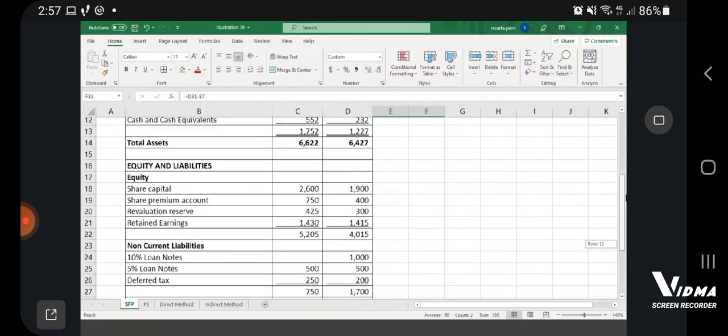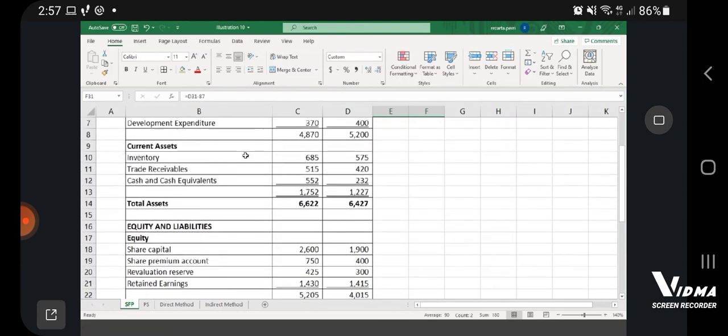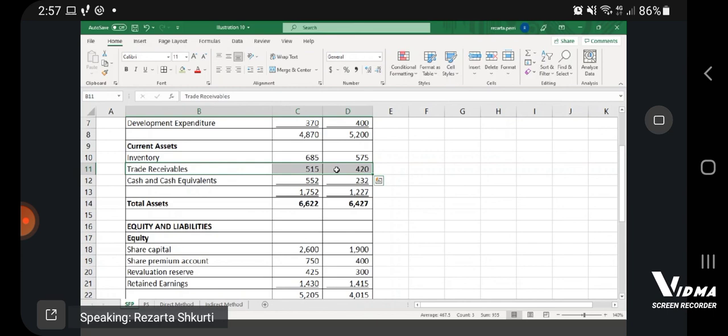Let's begin with the current assets. We have 3 items over here: inventory, trade receivables, cash and cash equivalents. Inventory, we took that into account when we converted cost of sales into payments to suppliers. Check. Trade receivables, we took that into account when we calculated receipts from customers. Check.